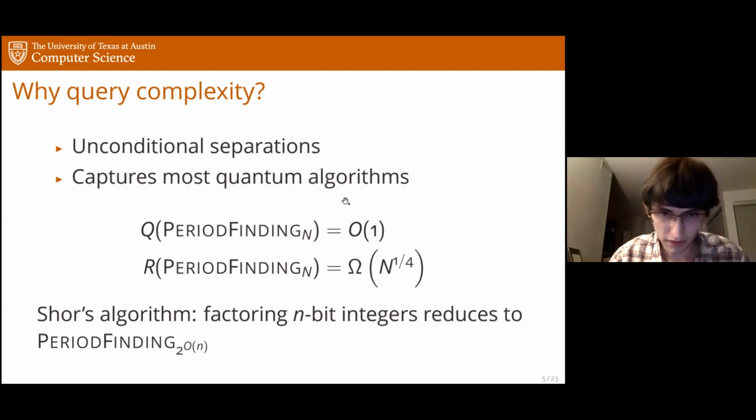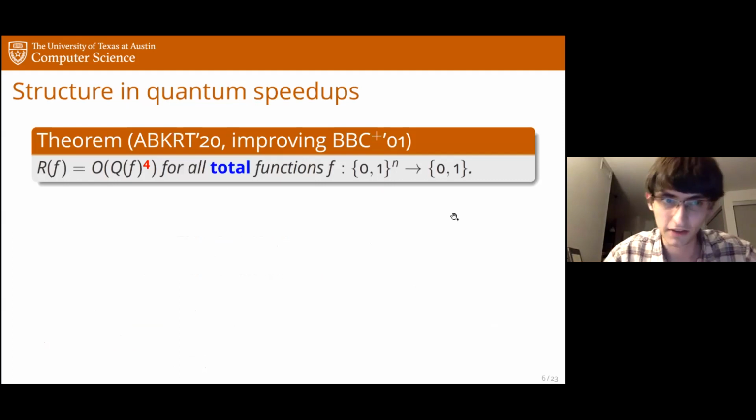But like I said, the motivation for this work is basically to understand what sorts of problems we can expect these really large query speedups for, where the quantum query complexity is much, much smaller than the randomized query complexity. Some of the foundational results in this direction are actually negative results.